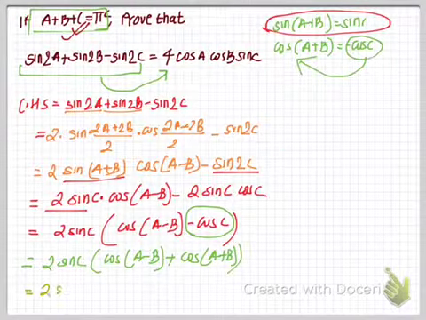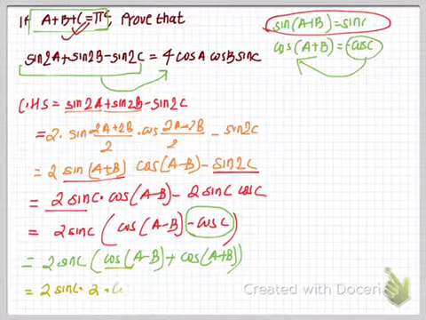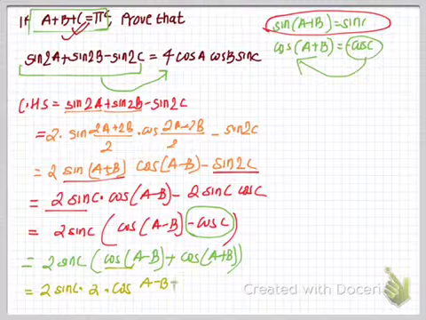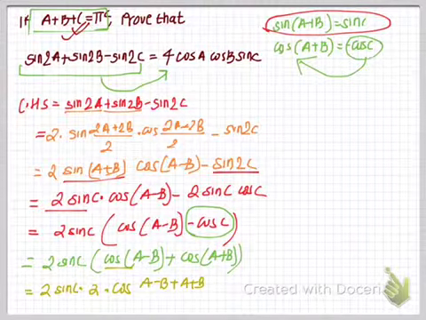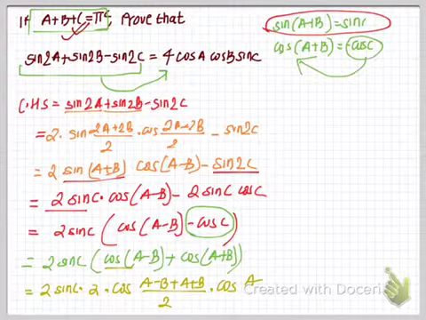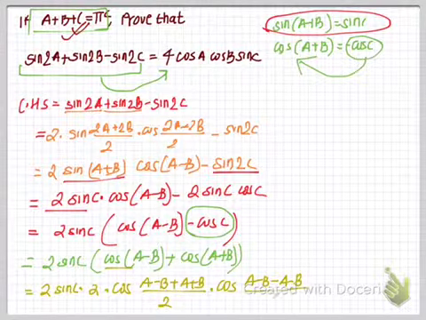So here I have 2 sine C dot 2 dot cos ((C plus D) by 2), which is (A plus B) plus (A minus B) divided by 2, dot cos ((C minus D) by 2), which is (A minus B) minus (A plus B), that is minus A minus B after distributing the negative sign, divided by 2.